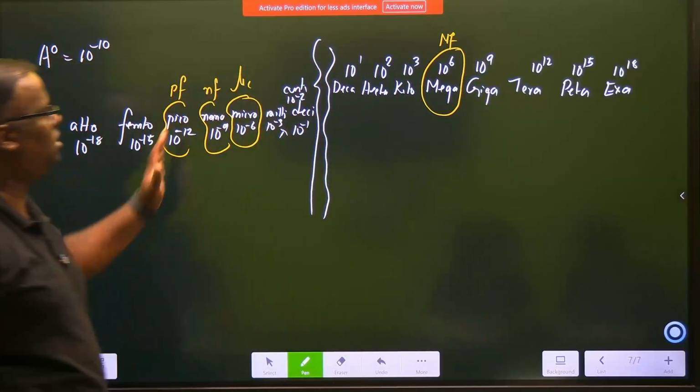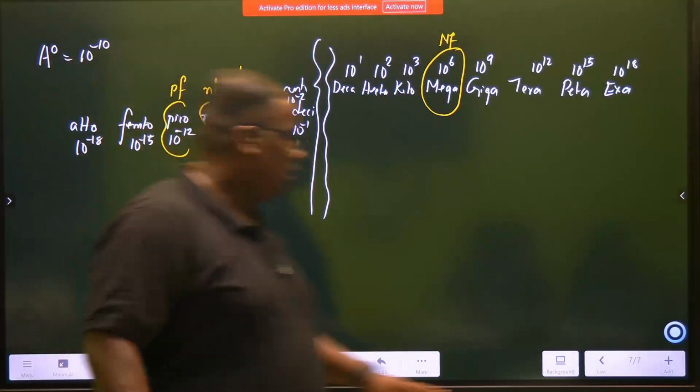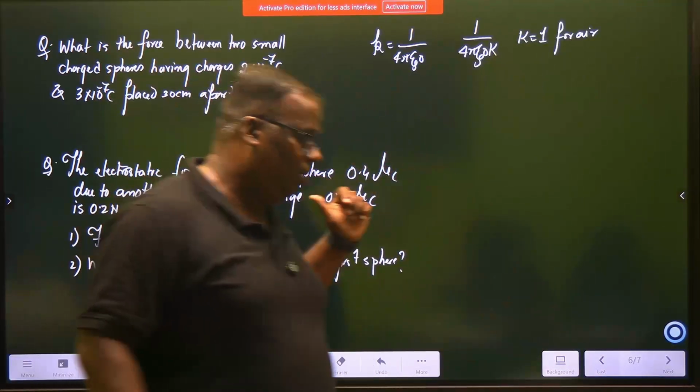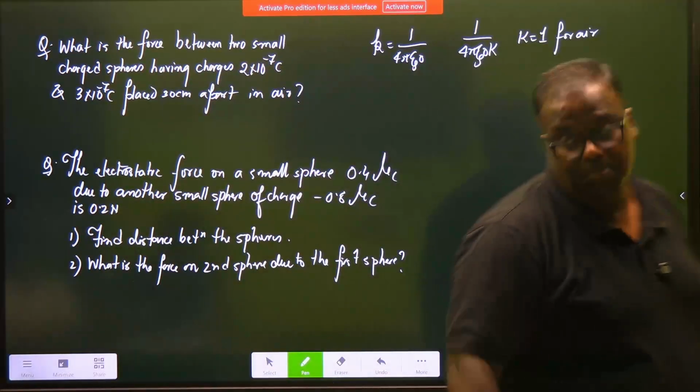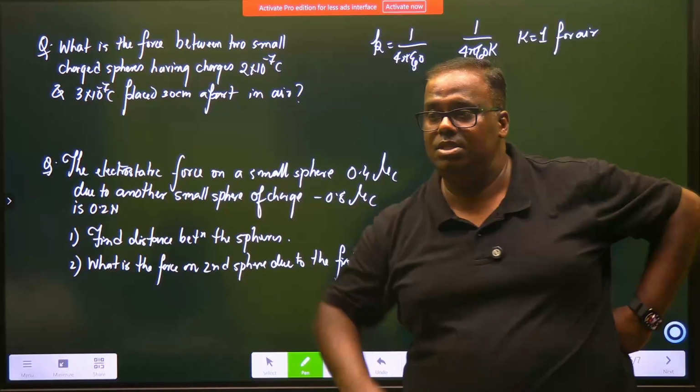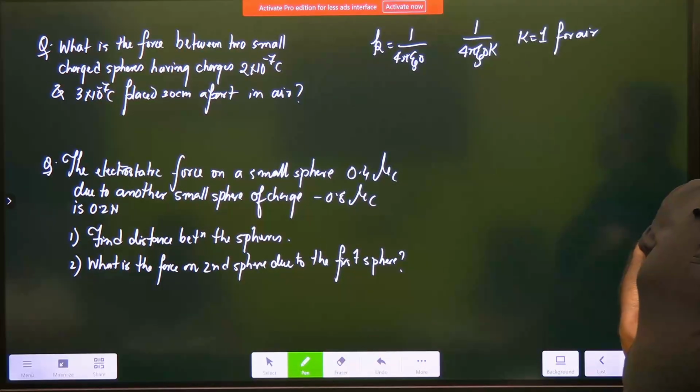You should know these conversions, because the problem that I gave you now has microcoulomb. Microcoulomb means 10 to the power minus 6. Picocoulomb means 10 to the power minus 12.